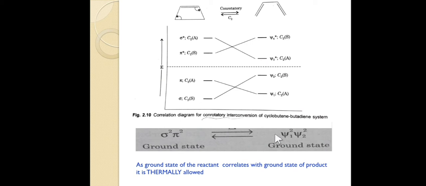So now the ground state matches with the ground state. As the ground state of the reactant correlates with the ground state of the product, it is called a thermally allowed transformation. So as everyone knows, the conrotatory process in cyclobutene to butadiene conversion is thermally allowed.